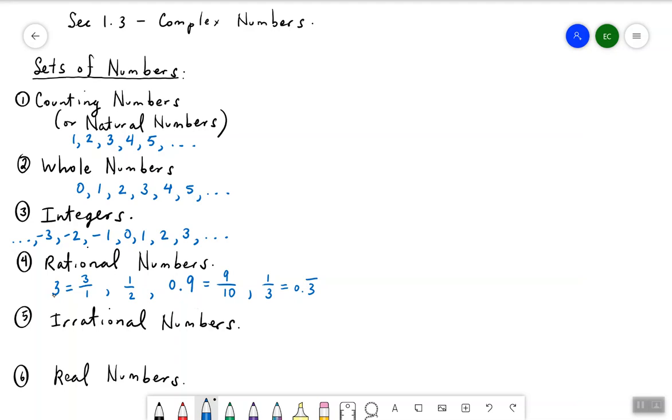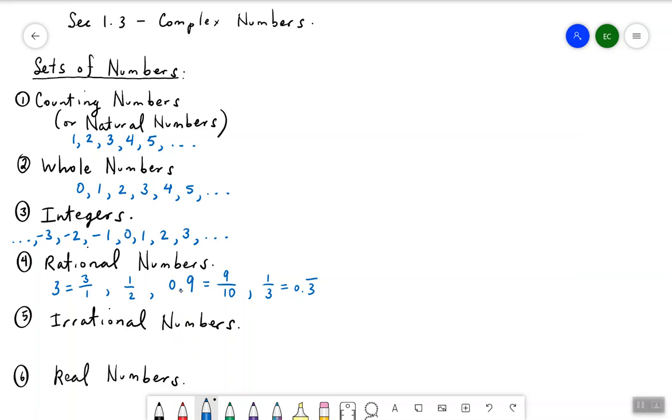So 3 is a terminating decimal. There's the decimal point right after the 3 that we don't write, and then you could put some zeros after that if you were so inclined. So 1/2 is a terminating decimal. 0.5 is its equivalent.